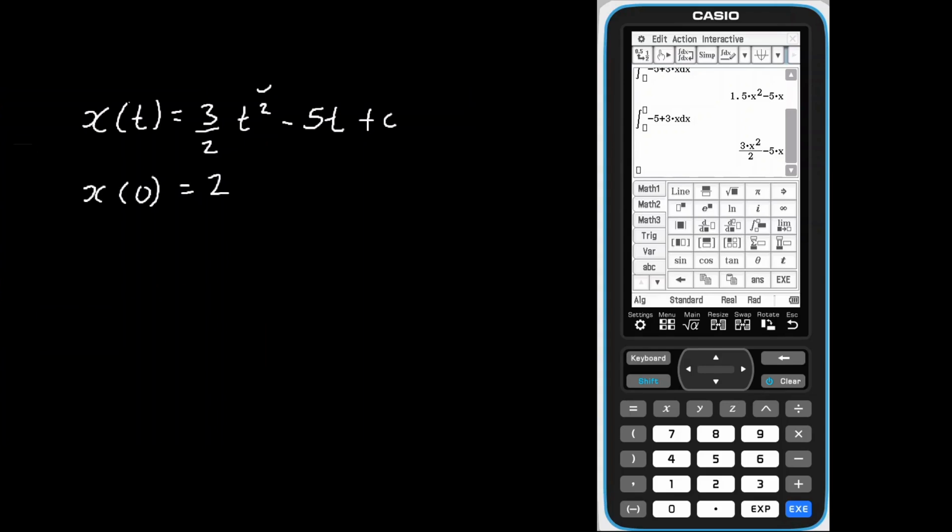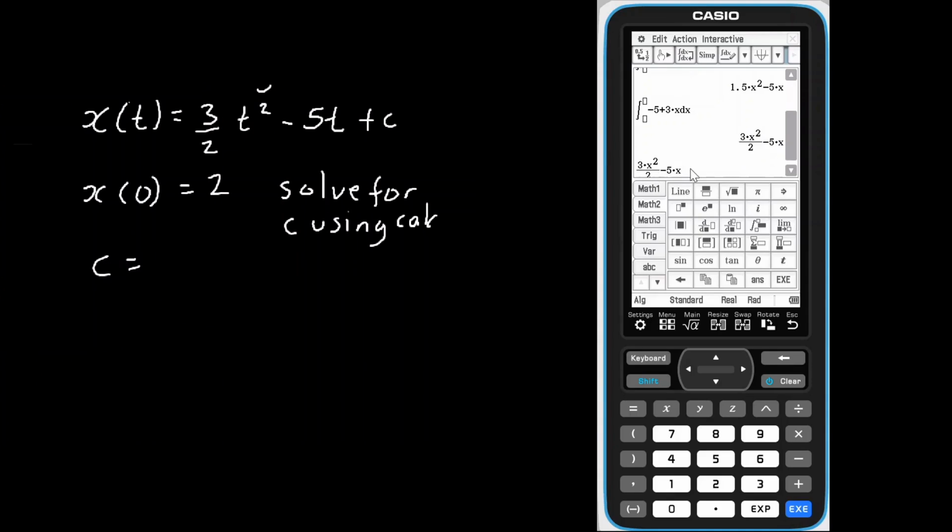So solve for c using calc, and we can say c is equal to, and so we're going to grab all this one, put it here, say plus x, like this guy.